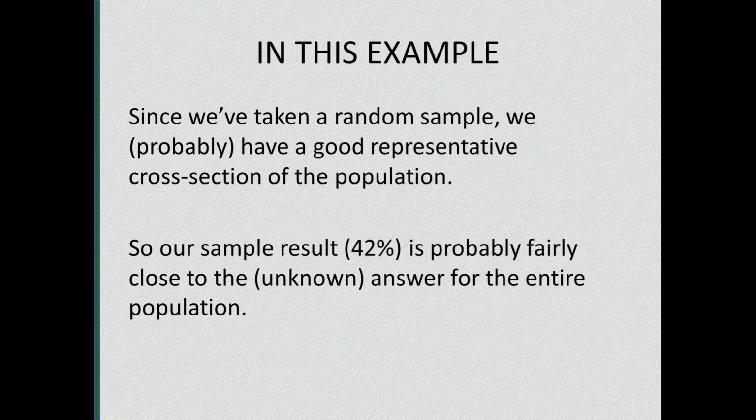And since we've taken a random sample, we've probably got a good representation, a good idea of how the population as a whole behaves. Our sample result of 42% is probably pretty close to that true number, which we don't know, which is true for the entire population.